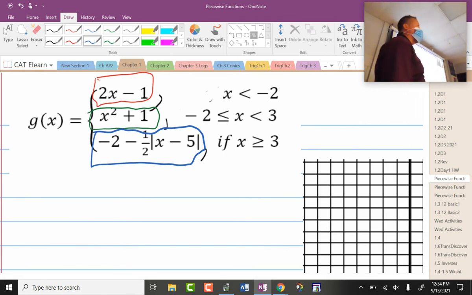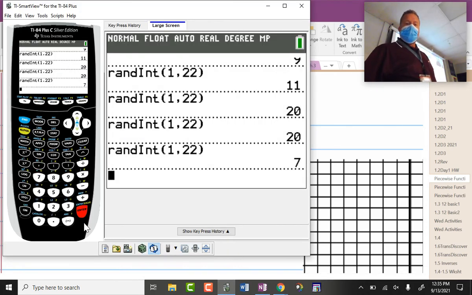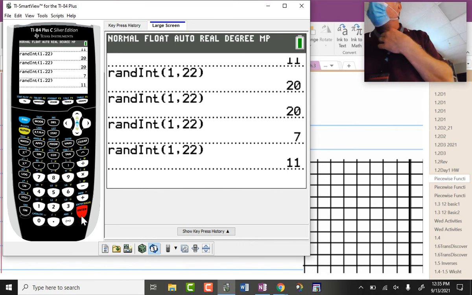What does absolute value always look like? V. So I have a line, a parabola, and a V. Be careful. In your piecewise functions, depending on what the domain is, you may or may not see the parabola or the V. It depends, and we'll have to look at that for the chart. Well done. This is the kind of thing you do as a student. You think about this before you go.